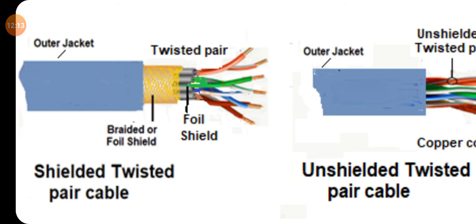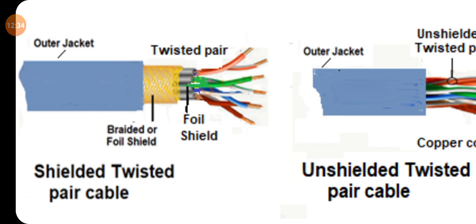Clear? So what is the advantage of this twist? The advantage of twisted pairs is that they remove crosstalk between wires. Because of the twisted cable, the crosstalk was removed.